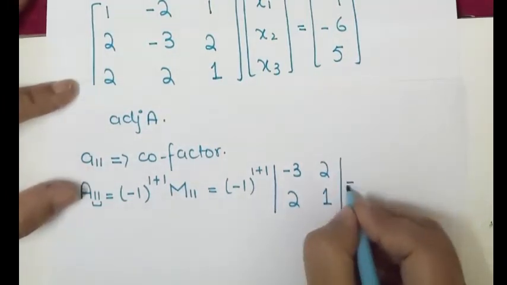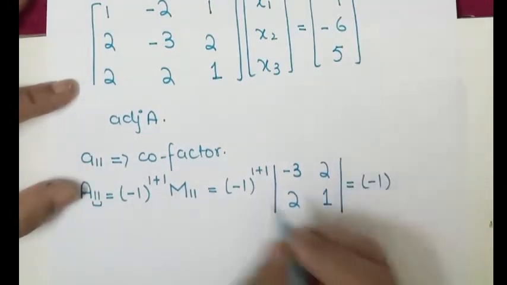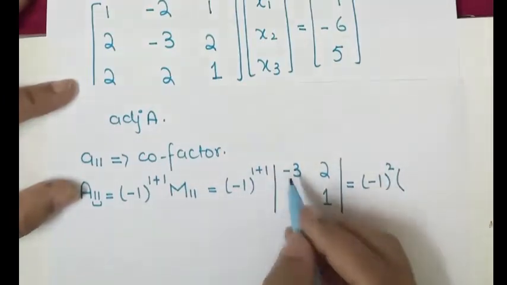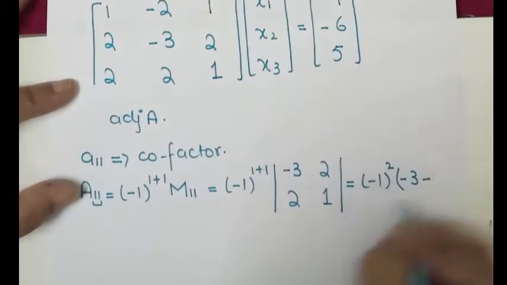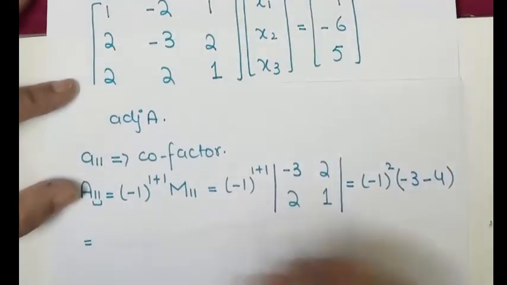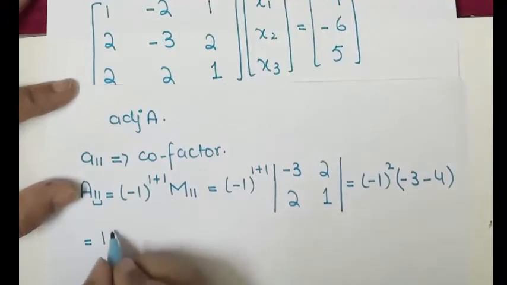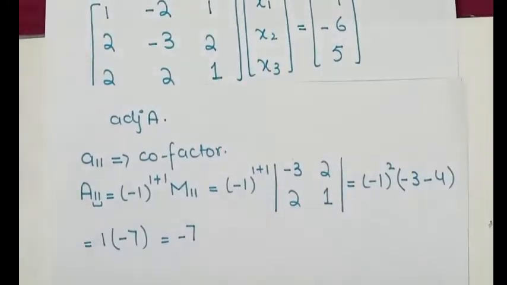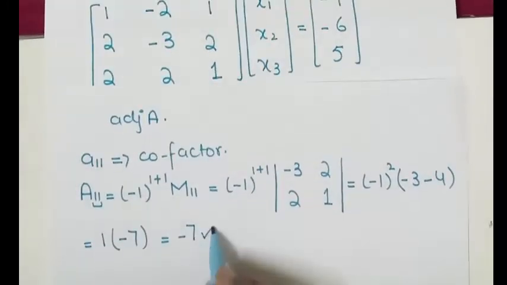So this is -1 to the power 1 plus 1, which is 2. Now solving this, we have -3 minus 4. This is -1 squared is 1, times -4 and -3 is -7. So A11 is equal to -7.